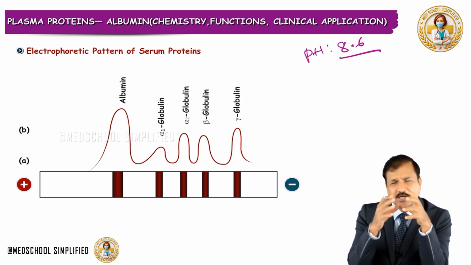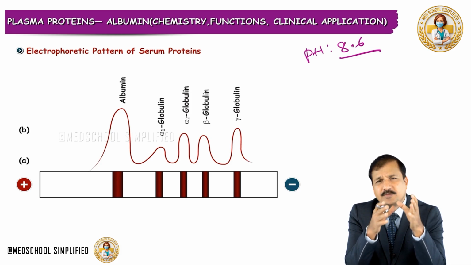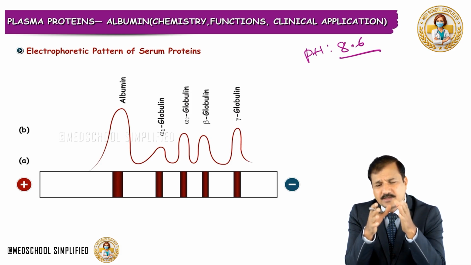All the molecules which have a positive charge, which have not undergone deprotonation, will be present nearer to the cathode, that is the negatively charged electrode.